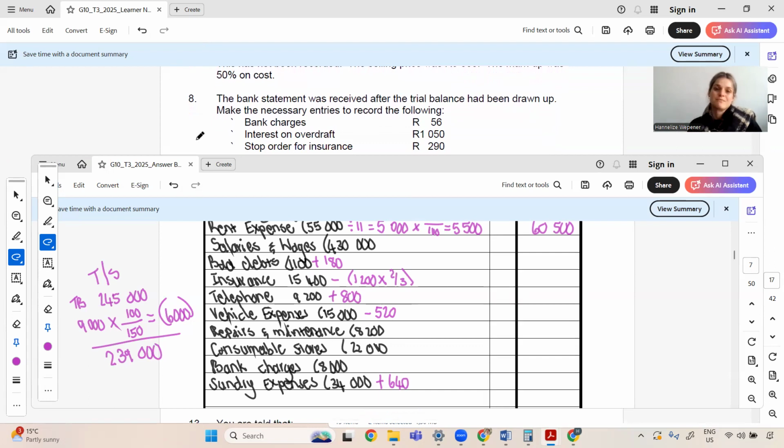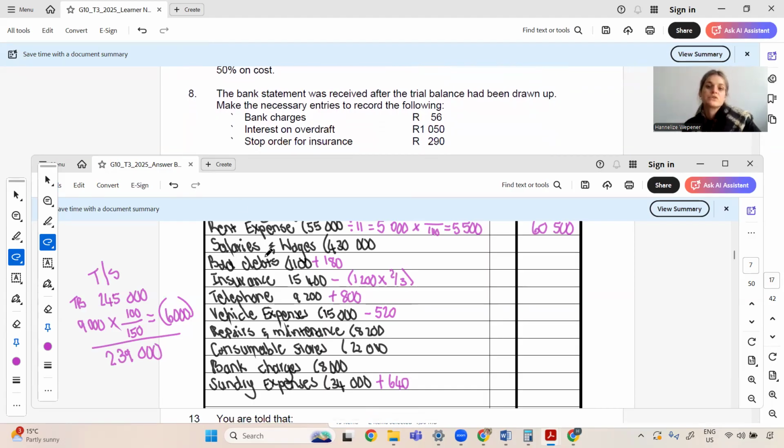Because you only received the bank statement after you prepared your trial balance, it means that you didn't have the necessary source documents to record these transactions before you then did your trial balance. So you just need to record it. So you are going to debit all expense accounts, credit bank because you made payment. If it is an income, you are going to debit bank and you are going to credit the income account.